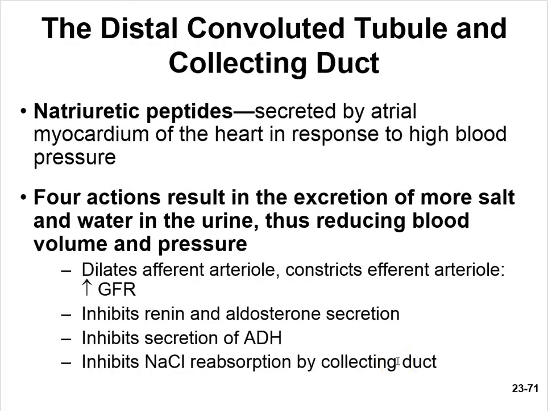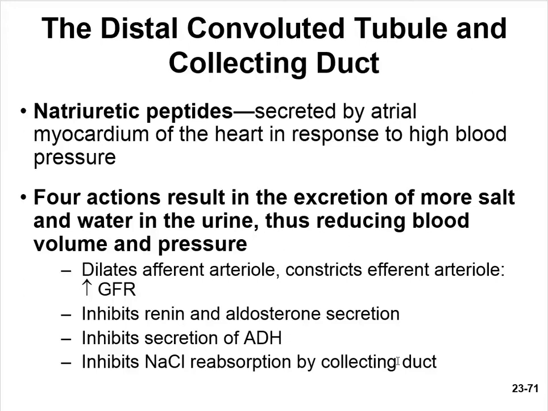The natriuretic peptides are secreted by the atrial myocardium of the heart in response to high blood pressure. Four actions result in the excretion of more salt and water into the urine, and then reduce blood volume, and therefore blood pressure. It dilates the afferent arteriole, which constricts the efferent arteriole and increases the GFR.